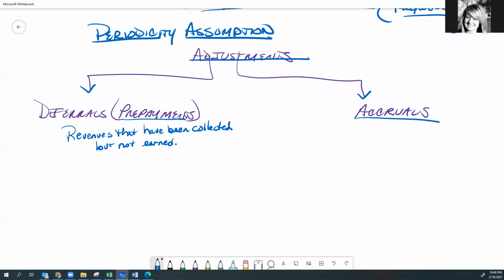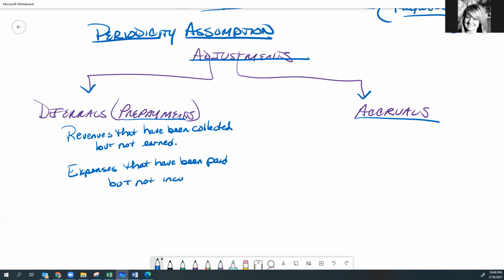And we can also have expenses that have been paid, but not incurred.